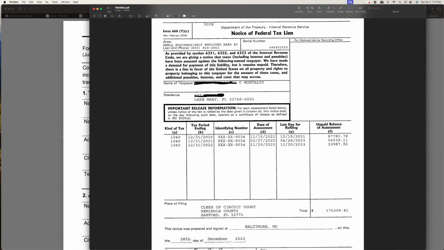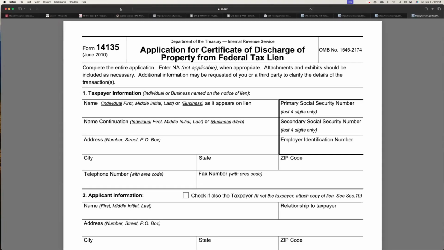So going back to this form here, how we would fill this out. Number 1, box 1, who is the taxpayer? We would list both their names down there. Actually, it would just be one, and then there's another form for the wife. So one for the husband and one for the wife. They would put the last 4 digits of their social, and if they have a business EIN, they would list that as well.